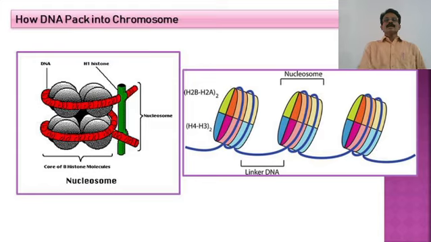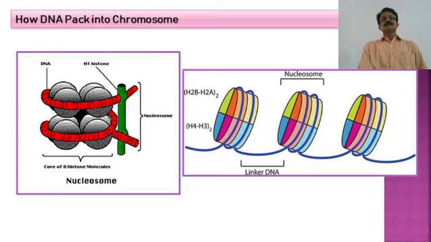Likewise such nucleosomes form an 11 nanometer fiber, a long chain, a beads on string like structure. The DNA attached between two nucleosomes is called the linker DNA.